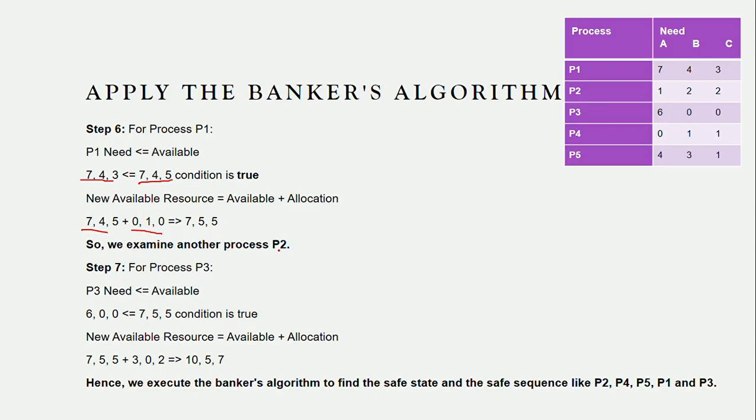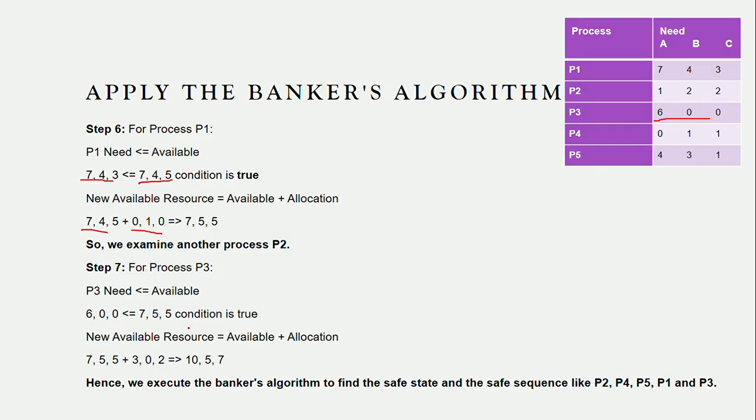Now we have to check for the P3 process. P3 need is 600 and availability is 755. So 600 is less than or equal to 755. The condition is true. That means we can do the allocation for the P3 process. Once the P3 process is over, whatever resources it is holding, it will free.